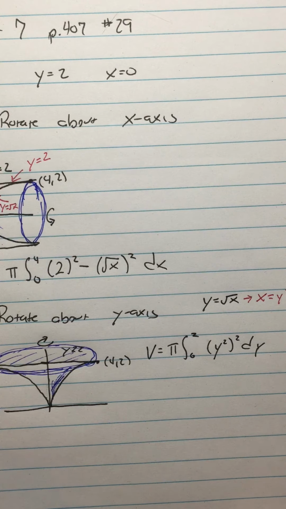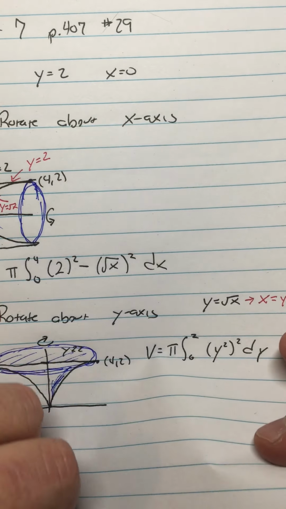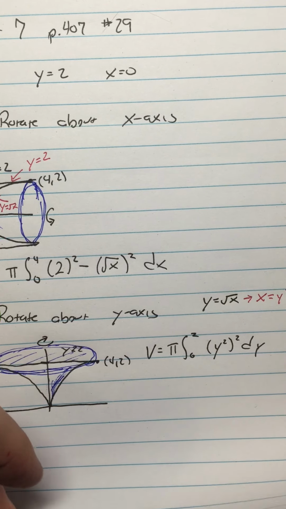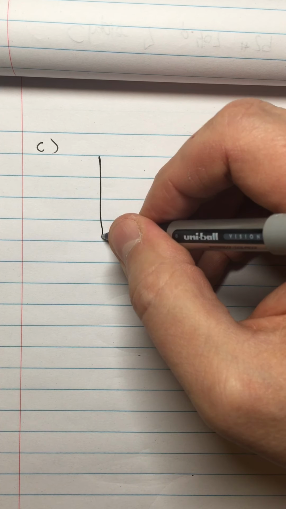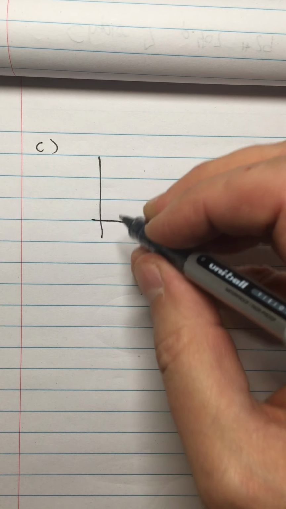Then B, C. C comes after B. Part C of this problem wants you to rotate about the line y equals 2. So let's sketch our shape again.